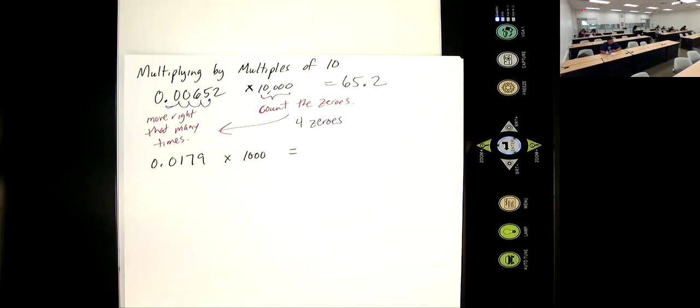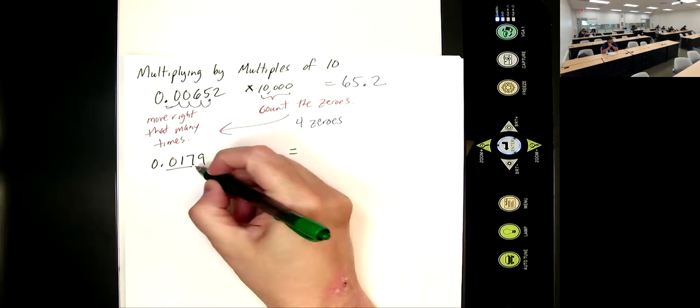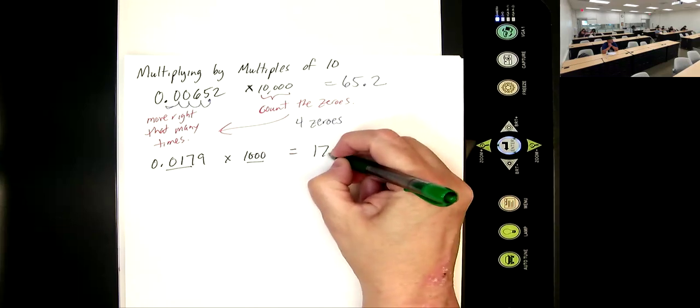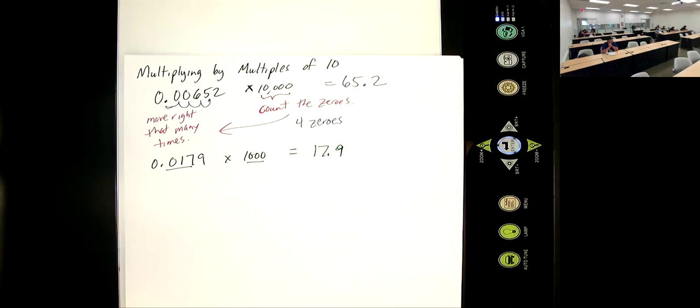What should I have? Anyone else get 17.9? Let's see, we've got 3 zeros, we move it 3 times. Looks like 17.9 to me. Not too bad, right?